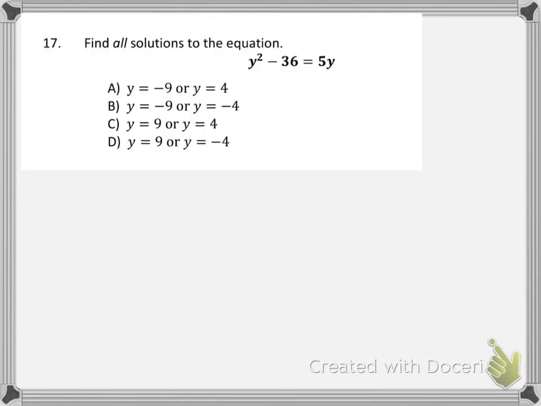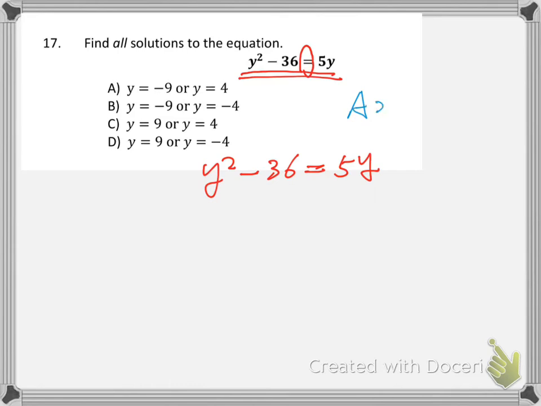Now let's look at the quadratic equation. Quadratic equation and quadratic polynomial are different because there is an equal sign. So let me rewrite it: y squared minus 36 is 5y. In the beginning of the last part, I already said what a quadratic equation is.